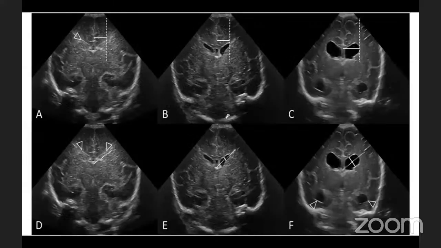If you see here, A to B are different measurements taken, but concentrate on C. They are measuring the ventricular index from the imaginary midline to the most lateral part. They drew a dotted line, and you measure this, which is called the ventricular index.